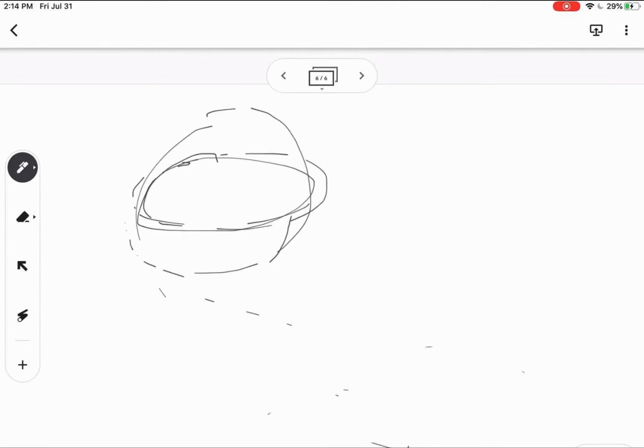Wait, why is my screen like this? Okay, I don't know what's going on with my screen. I'm sorry.